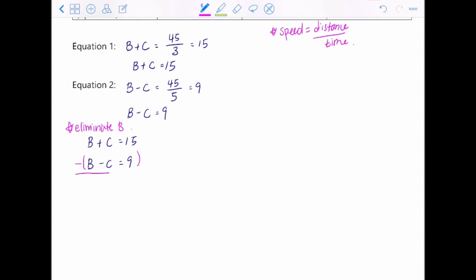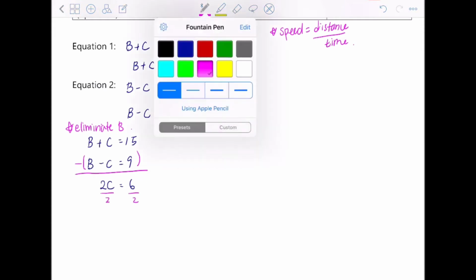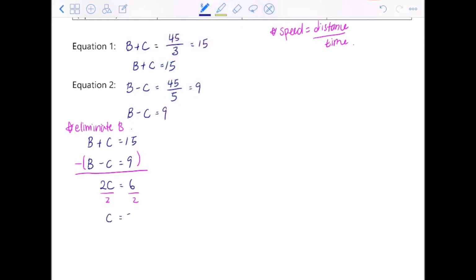I just need to subtract the second equation from the first equation. So we get c minus negative c, double negative, so it becomes positive, so 2c equals 15 minus 9, which is 6. Isolate c by dividing by 2. We get c equals 3.